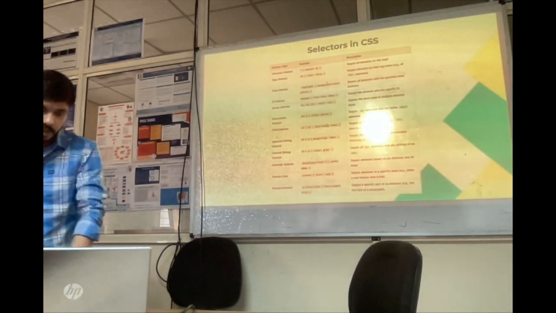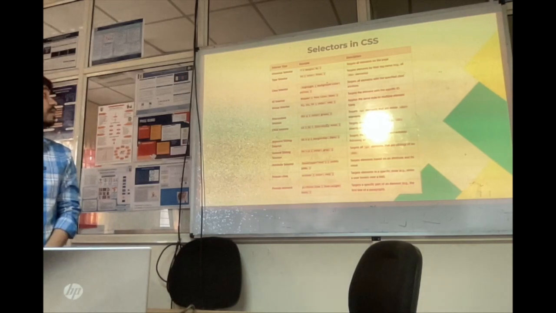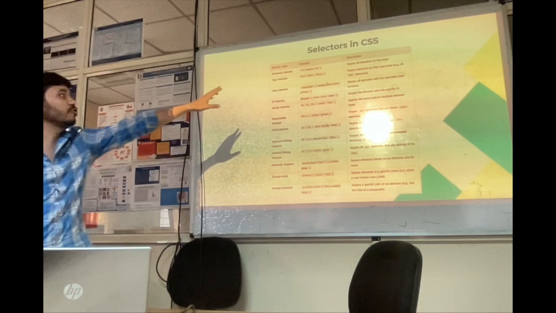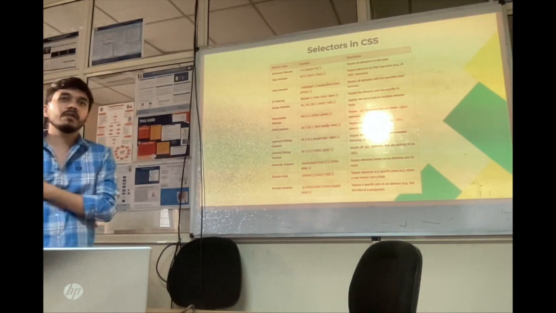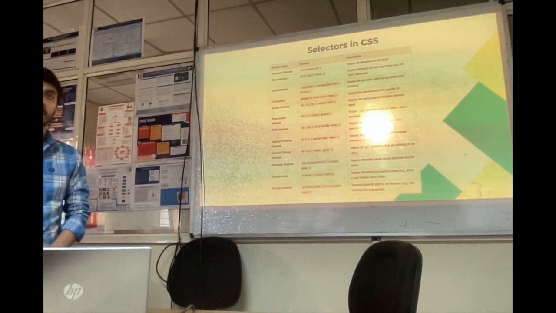So there are some basic selectors in CSS. Each selector has a different role to play. Here the asterisk is a universal selector. If we use the asterisk, then the style which we provide will be applied all over the HTML.